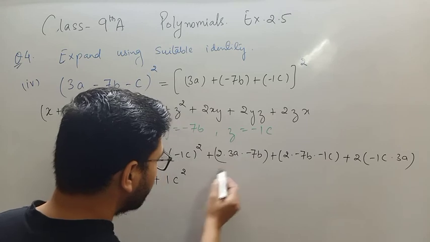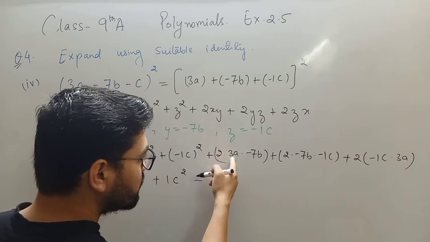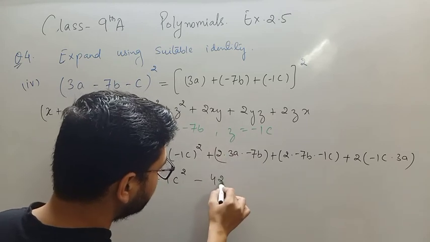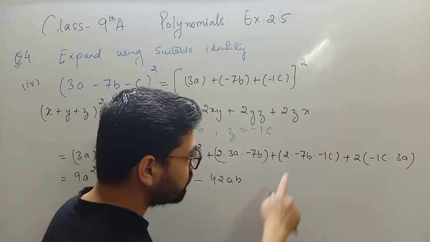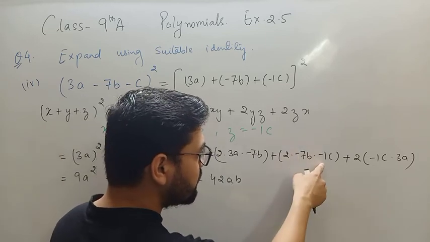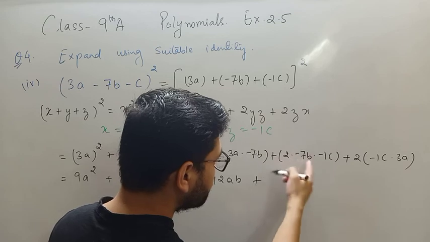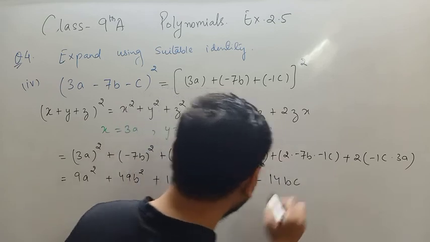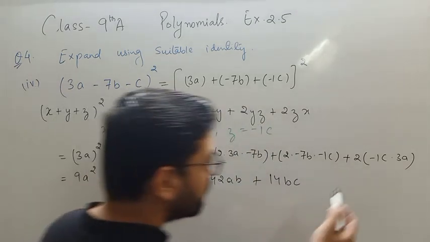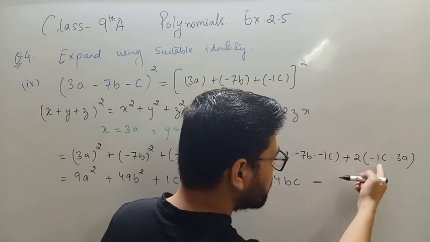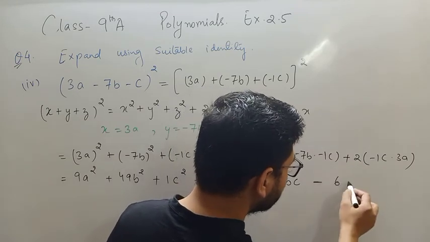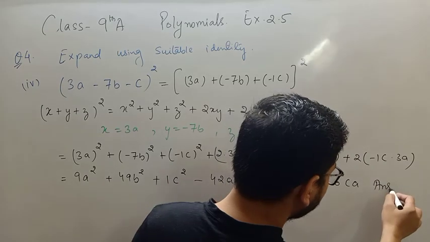Now plus minus minus, 2 3s are 6 and 6 7s are 42ab, minus minus plus and plus plus plus will give you 2 7s are 14bc. Okay, plus minus minus, 2 1s are 2, 2 3s are 6ca. So this is your answer.